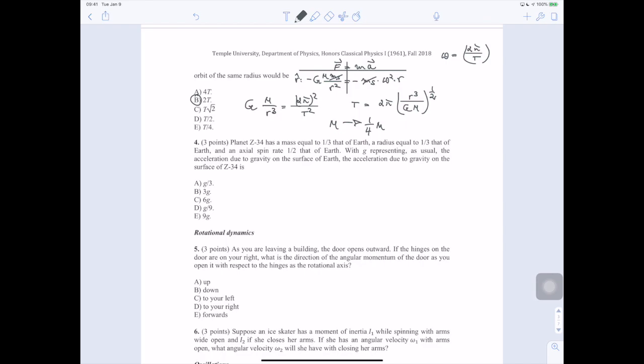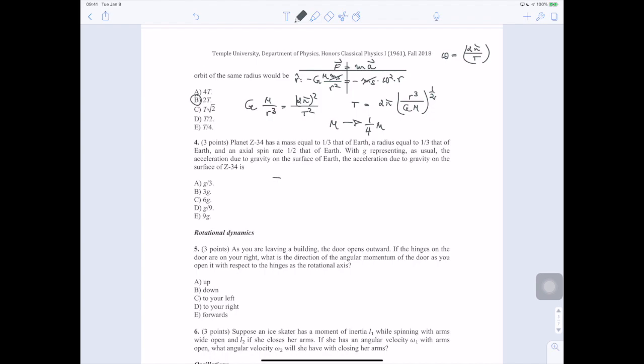Then similar problem, planet Z34 has a mass equal to 1/3 that of Earth, a radius equal to 1/3 that of Earth, and an axial spin rate 1/2 that of Earth. With g representing as usual the acceleration due to gravity on the surface of Earth, the acceleration due to gravity on the surface of Z34 would be.